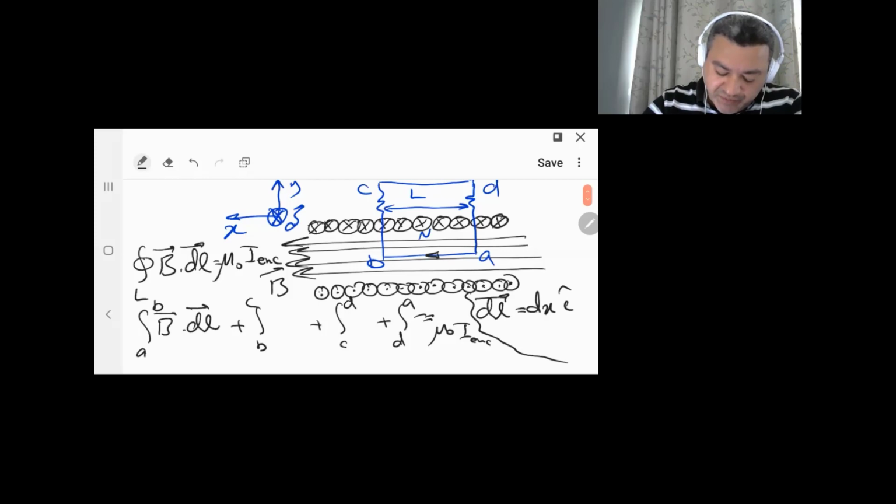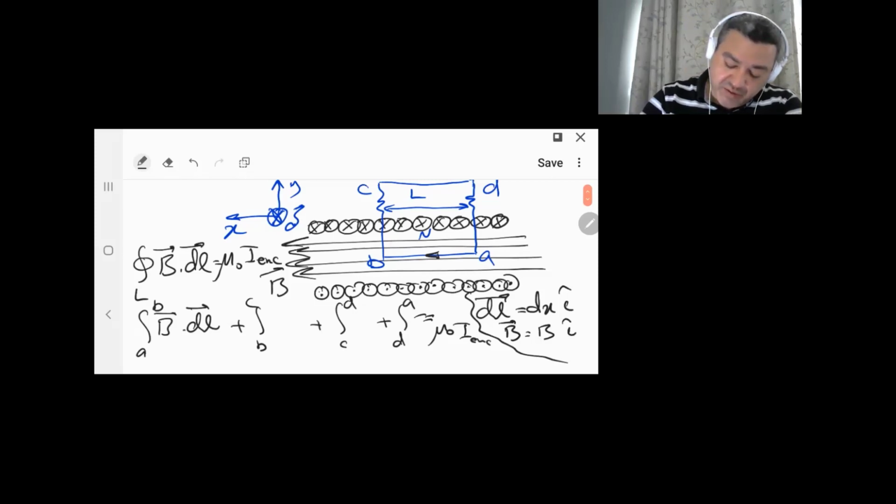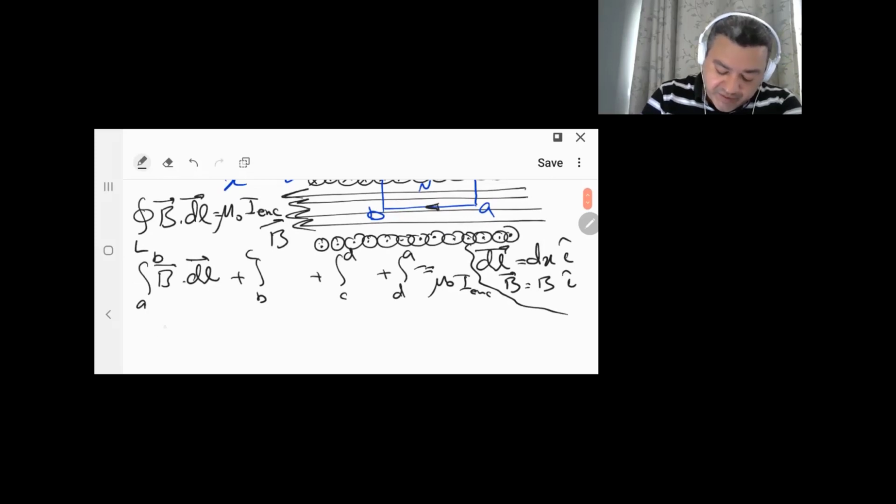I will start with the first integration, which is A to B. We said that dl equals dx i hat, and also B equals the B magnitude times i hat. So the magnetic field is uniform in the x direction, and I have the differential element also going in the x direction. So now I can apply Ampere's law.